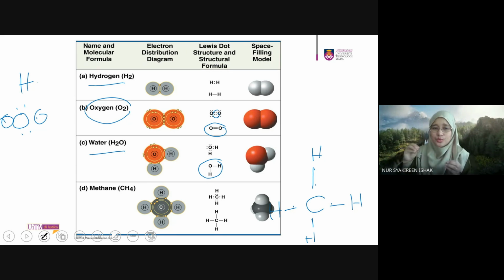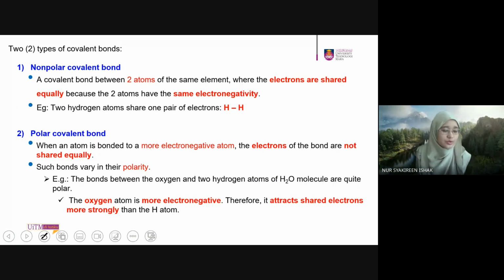So for covalent bond, you have to remember, it is the bond between atoms in a molecule, not between molecules. There are two types of covalent bond. The first one is the non-polar covalent bond. This is a covalent bond between two atoms of the same element where the electrons are shared equally because the two atoms have the same electronegativity. For example, two hydrogen atoms share one pair of electrons.